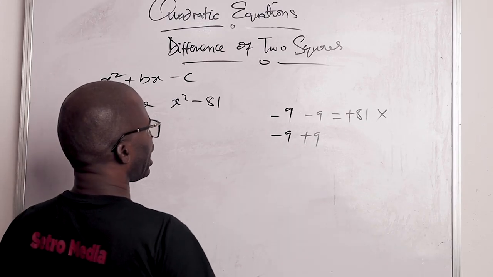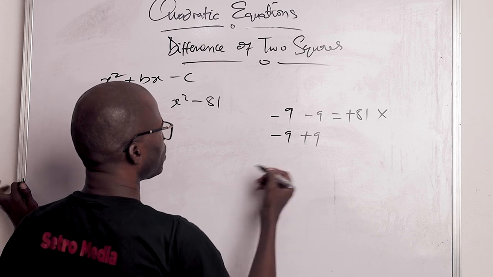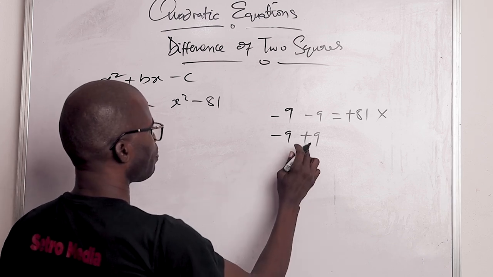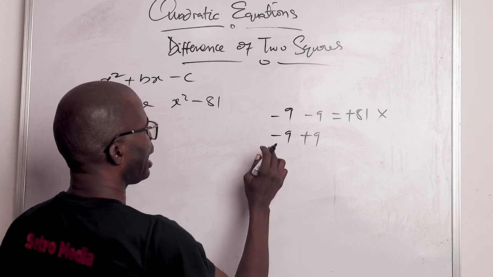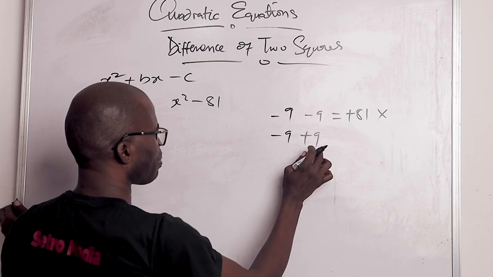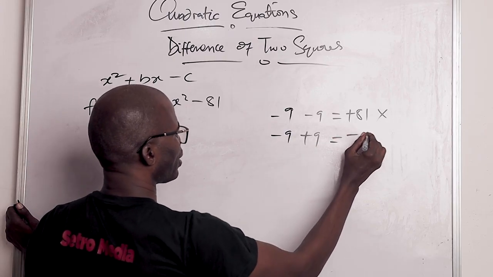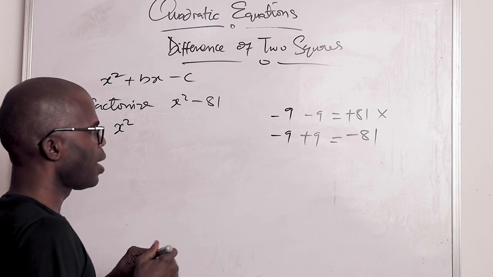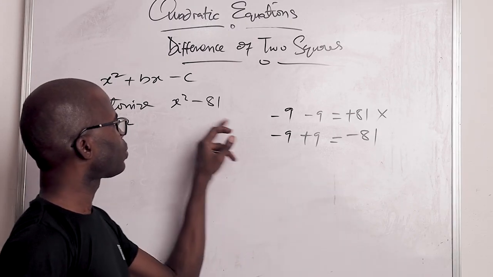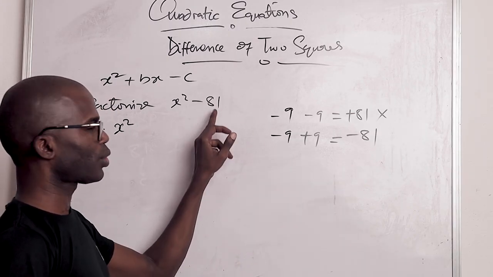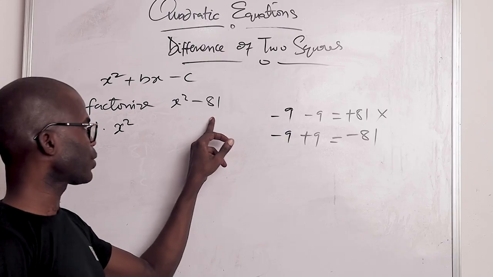Then another option is minus 9 times plus 9. That will give us minus 81, isn't it? So if it gives us minus 81, that means it has fulfilled this first condition.